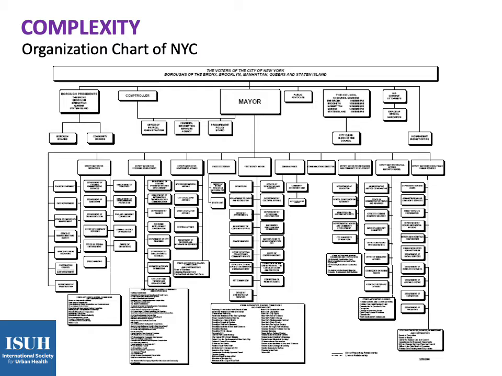So this is an organizational chart, which just shows part of administering this particular city. And this is not even the entire administrative org chart of the city. So this shows you the complexity in managing this large city in terms of the multiple interests and the multiple systems that are needed to keep the city functional.